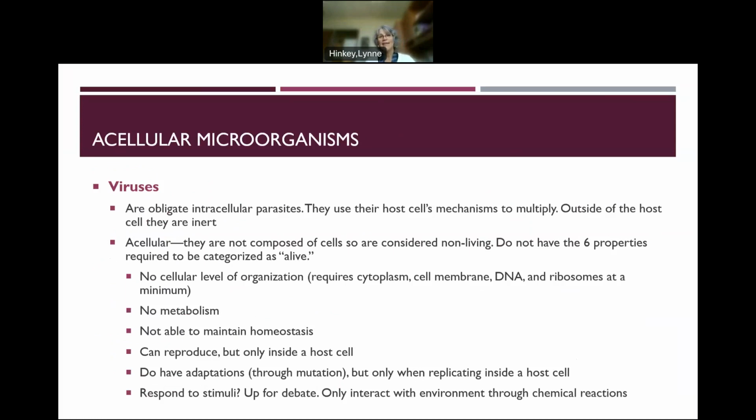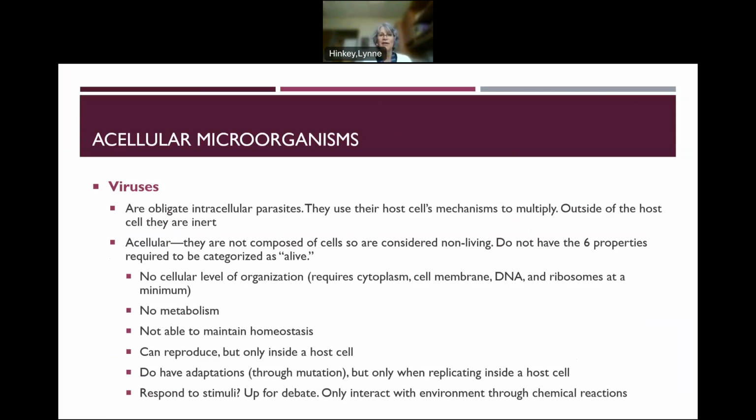We also have an acellular group of microorganisms that we study. Acellular, that prefix a means not cellular. We'll look at some other types as well, but viruses are the primary one we'll talk about. We'll also talk about prions. But viruses are obligate intracellular parasites.